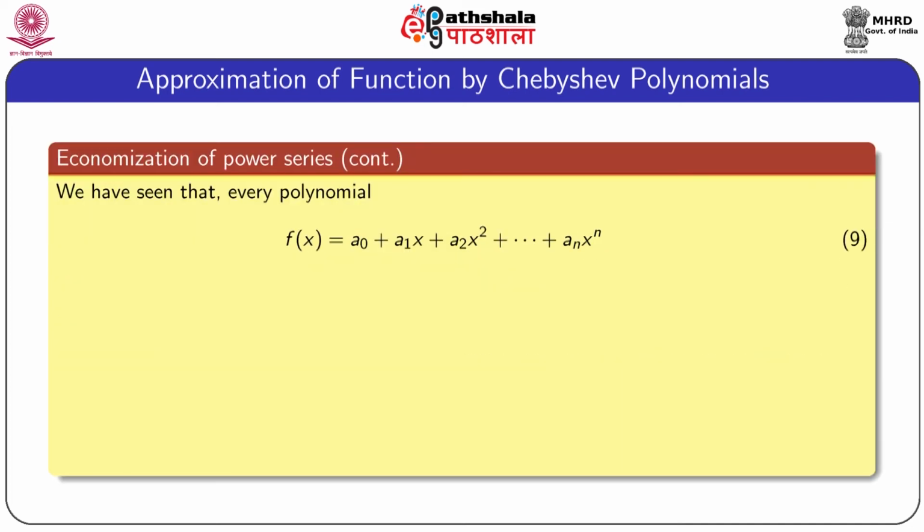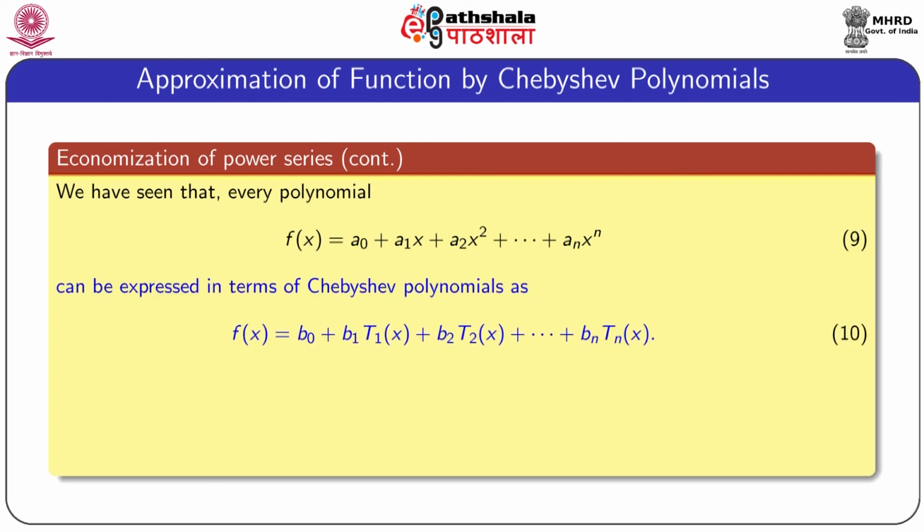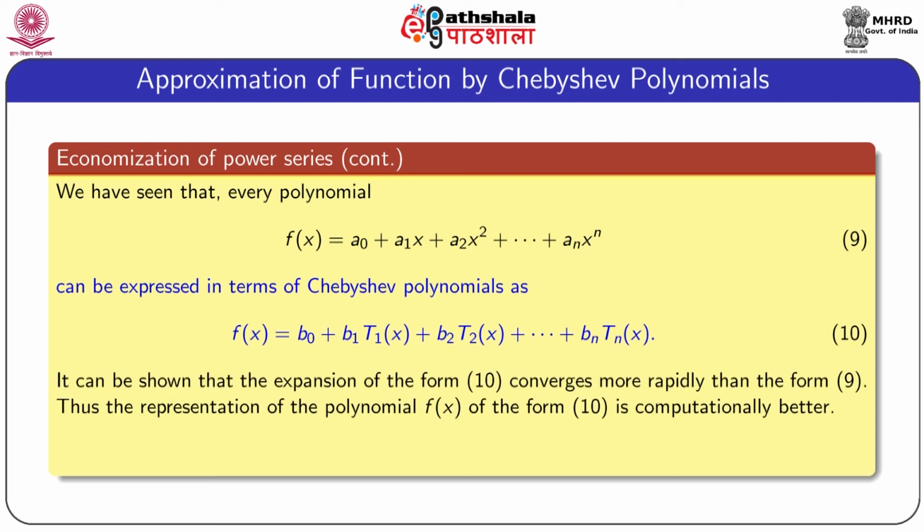Now, we have seen that every polynomial f(x) of degree n can be expressed in terms of Chebyshev polynomials in the following form: f(x) equal to b0 plus b1 T1(x) up to bn Tn(x), and it can be shown that the expansion of the form 10 converges more rapidly than the form of equation 9.